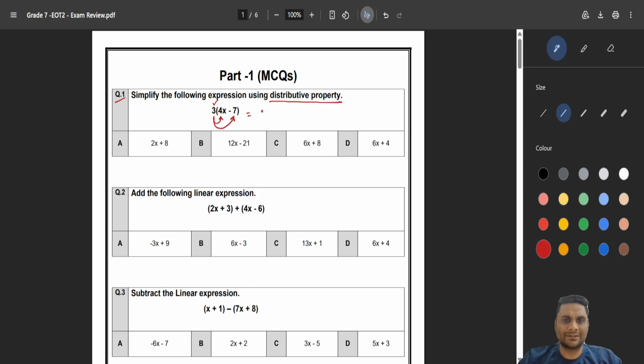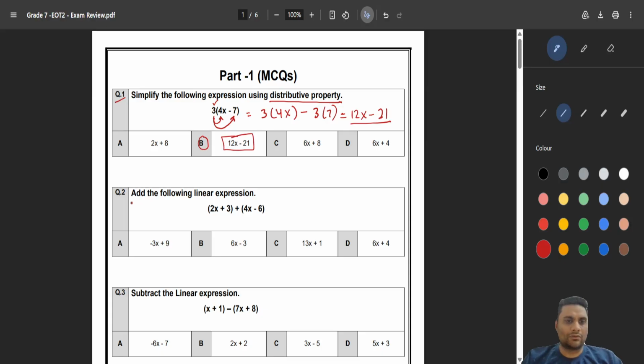So it will look like this: 3 times 4x minus 3 times 7, and it will become 3 times 4 is 12, right? So 12x minus 7 times 3 is 21. So the answer is 12x minus 21. As you can see here, option number B, 12x minus 21.